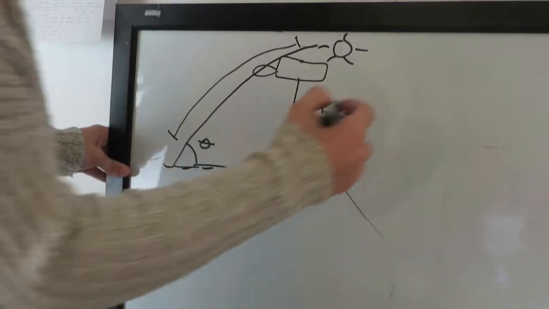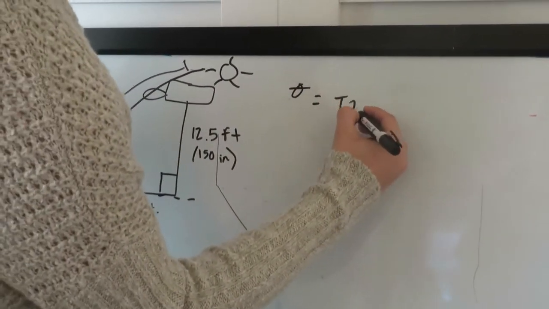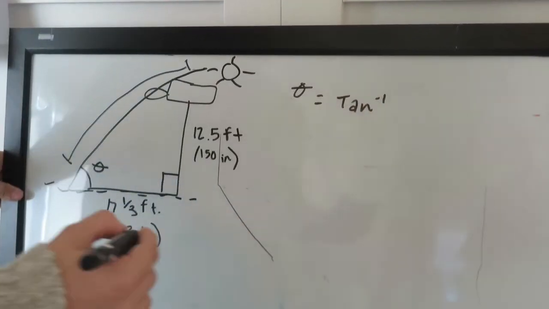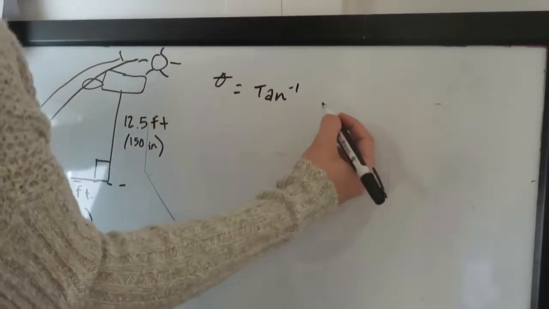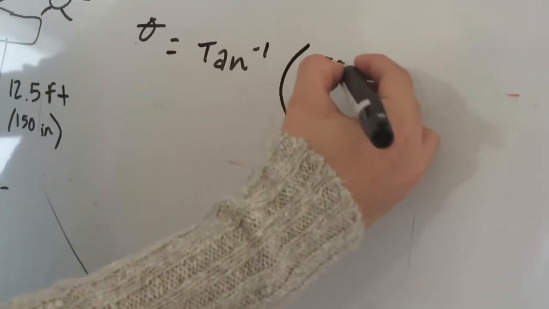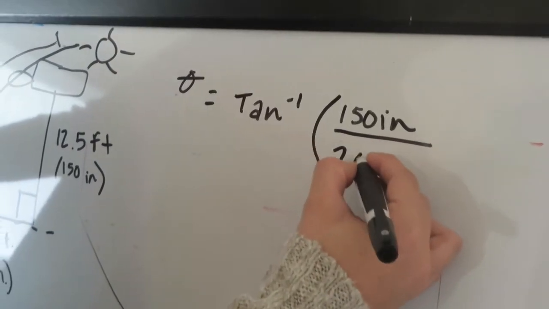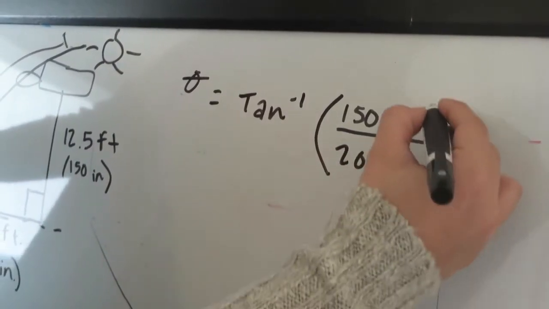And so we're going to do theta equals the inverse tan of 150 inches over 208 inches.